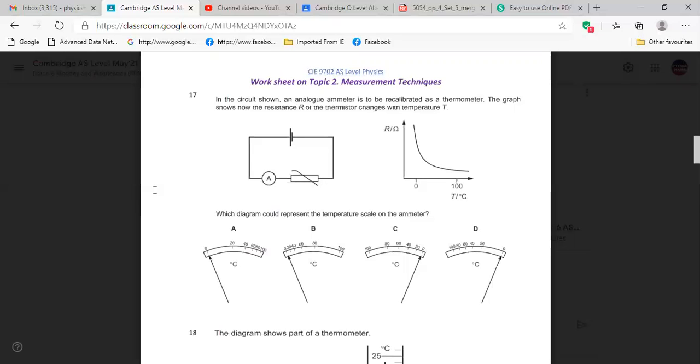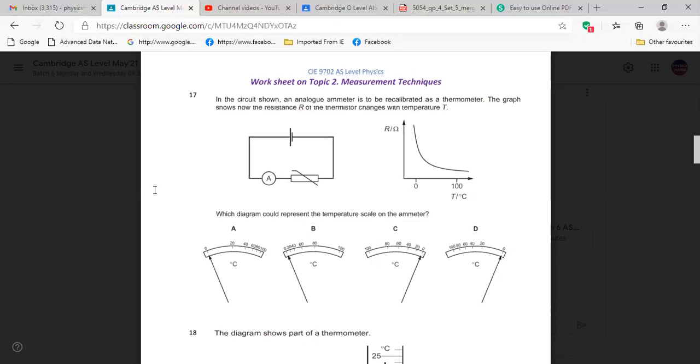So they are saying about thermistor, right? Resistance R of the thermistor changes with temperature T. So you see the graph how thermistor is working. If temperature increases, the resistance decreases, right?